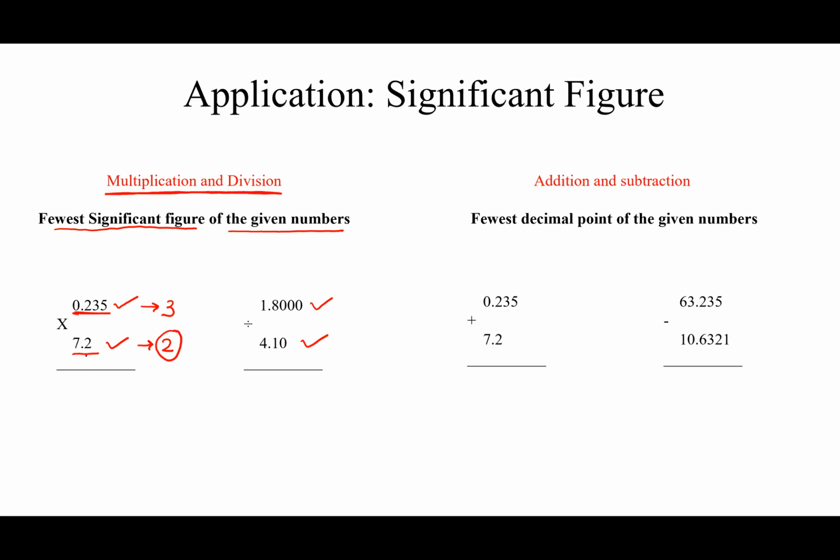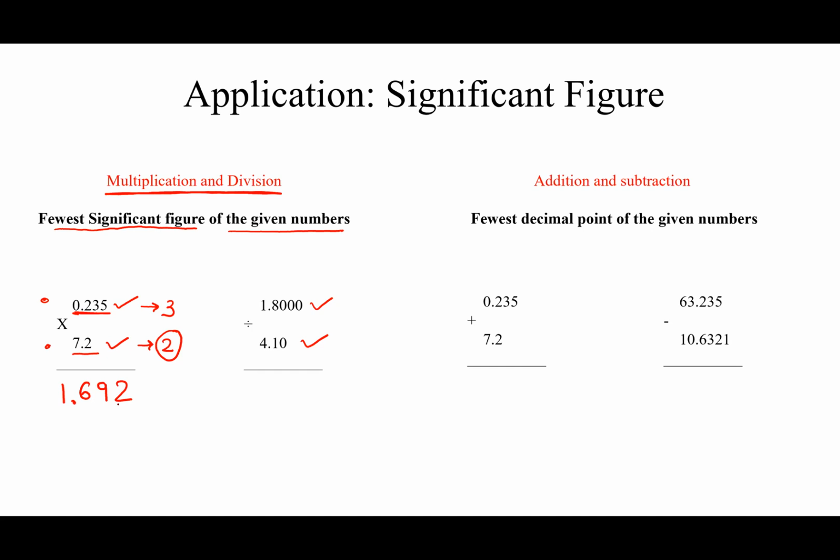So what do you have to do when you multiply these two numbers? Let's do the math. Can you do the multiplication and let me know what the number is? 1.692. This is the answer when you use your calculator.